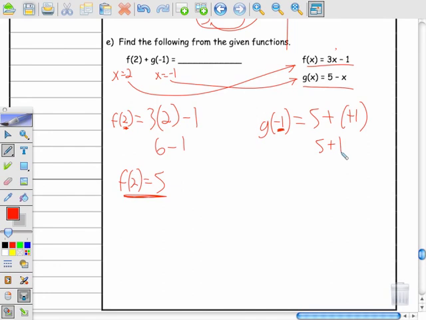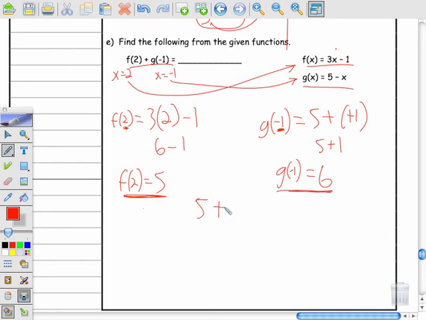Those become positive, so that's like 5 plus 1, which is, come on, don't freeze on me now. Come back to life. Hold on. 5 plus 1 is 6. So g of -1 is going to be 6.